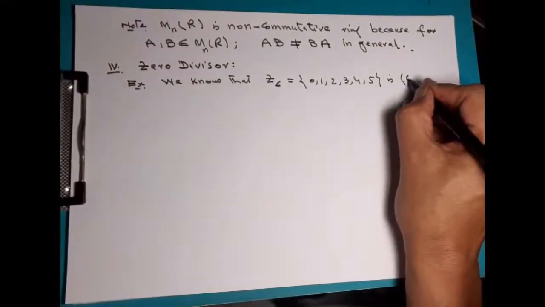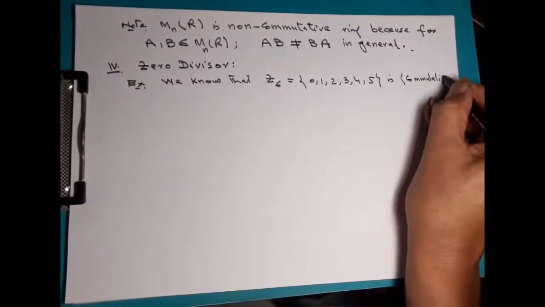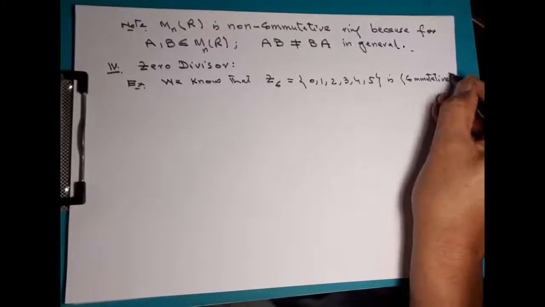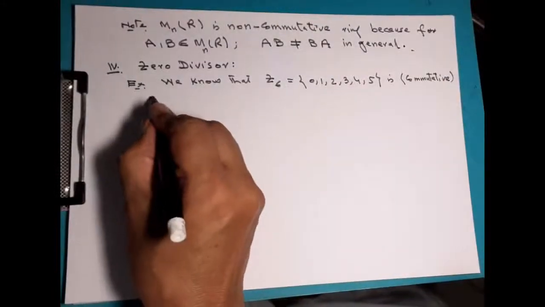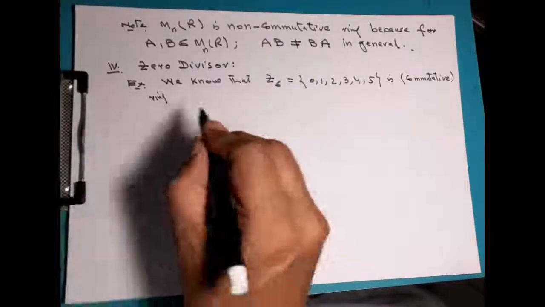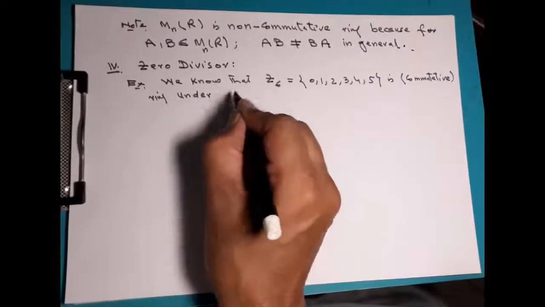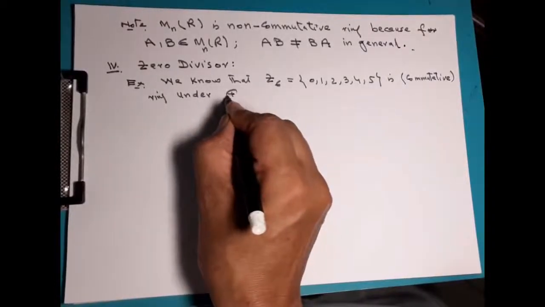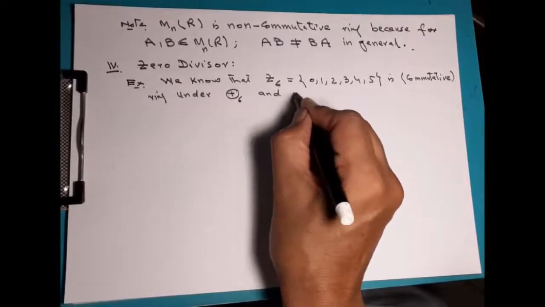In fact, it is a ring. So we know that Z6 is a ring under the binary operations, addition modulo 6 and multiplication modulo 6.